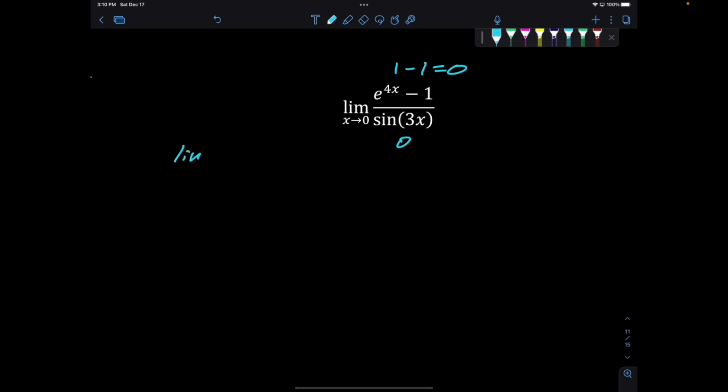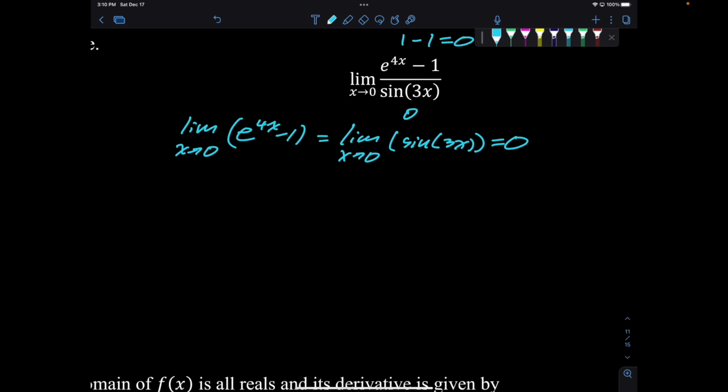The limit as x approaches 0 of e to the 4x minus 1 is equal to the limit as x approaches 0 of sine of 3x, which equals 0. All right, so we do them independent of each other.